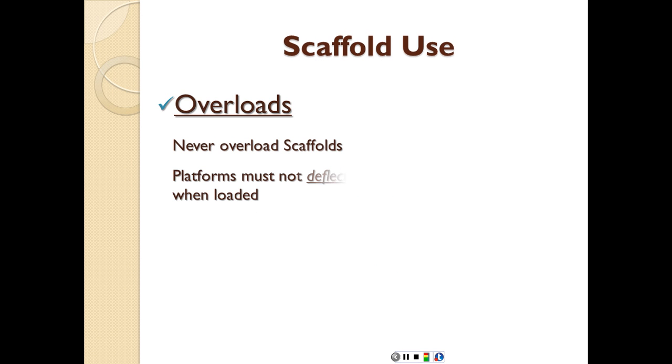Never overload scaffolds because there's a risk of collapsing. Platforms must not deflect more than 1/60th of span when loaded, and that's going to show you if it's overloaded or not.